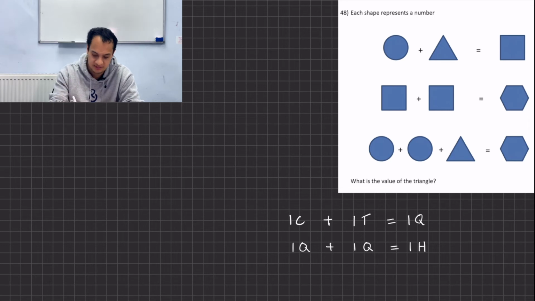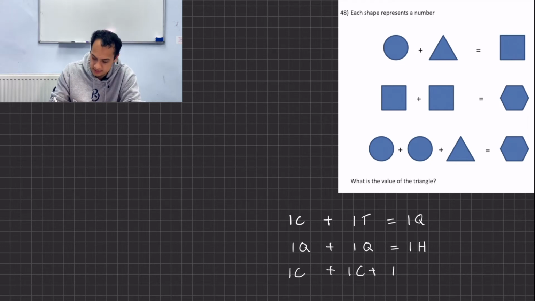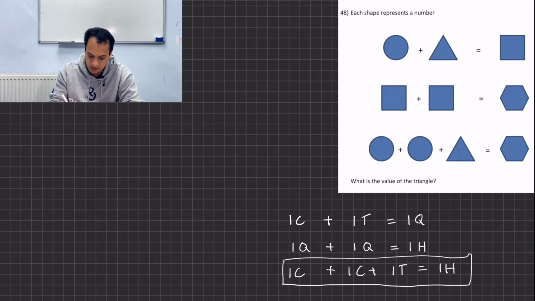But the interesting thing is the final one has this statement. So it will be 1C plus 1C plus 1T equals 1H. If we already know that 1C plus 1T is 1Q, we know that 1Q plus 1Q is 1H.